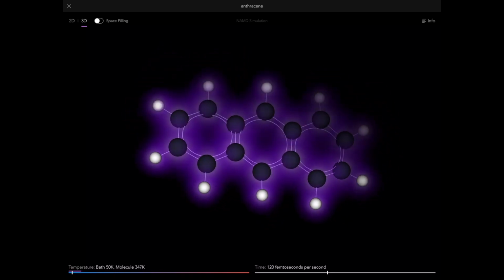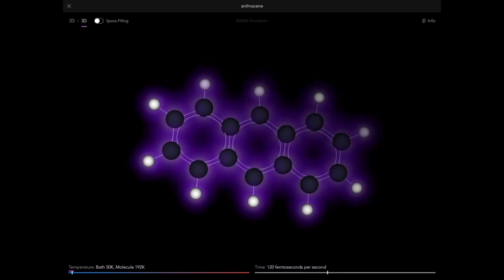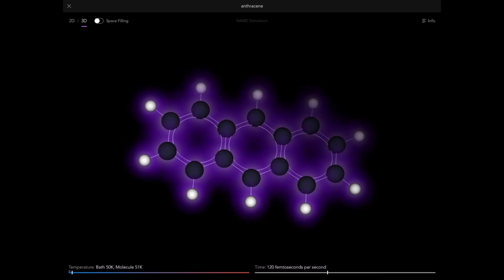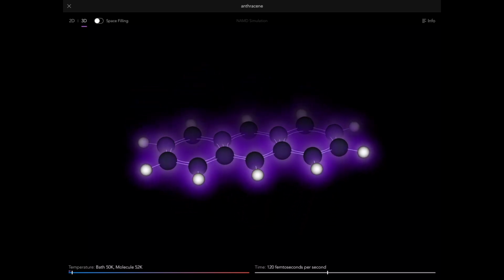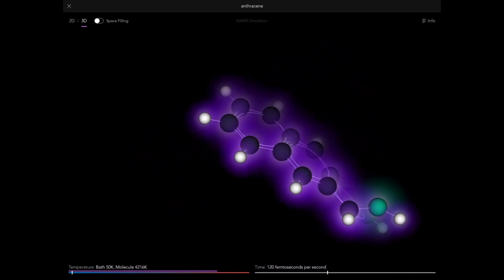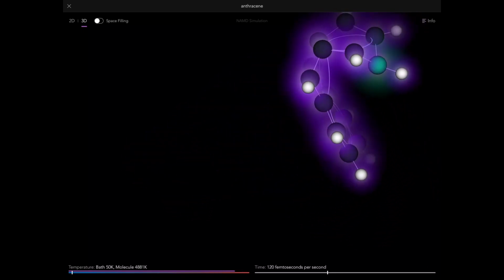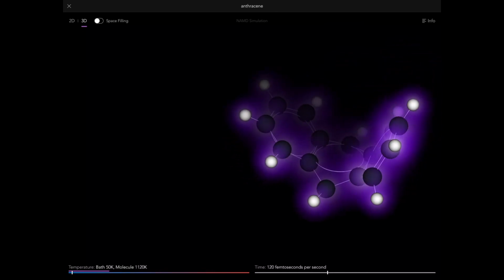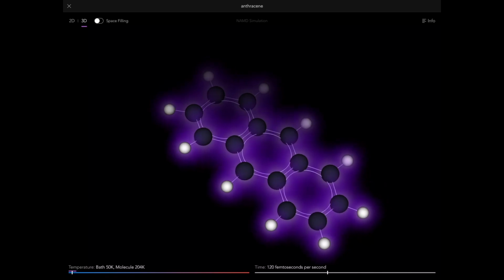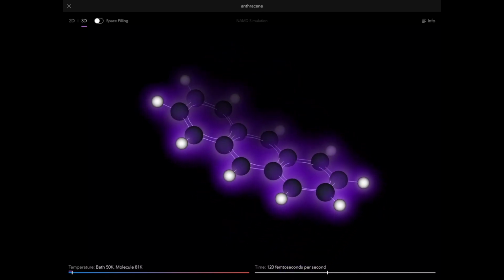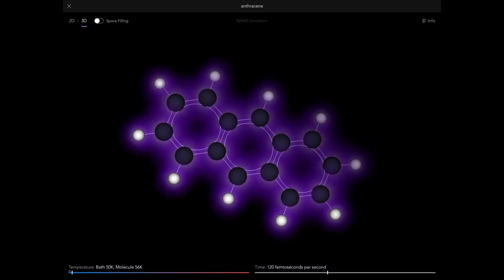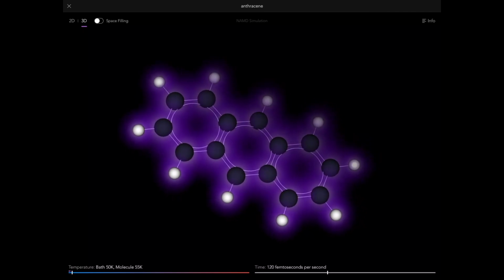Some things to know about polycyclic aromatic hydrocarbons. This is anthracene. If you were to draw that on a sheet of paper, you might be tempted to conclude that it is flat, and it is, but it's also flexible, right? And depending on the situation, for example, anthracene, and then if you take away one benzene ring, you've got naphthalene.